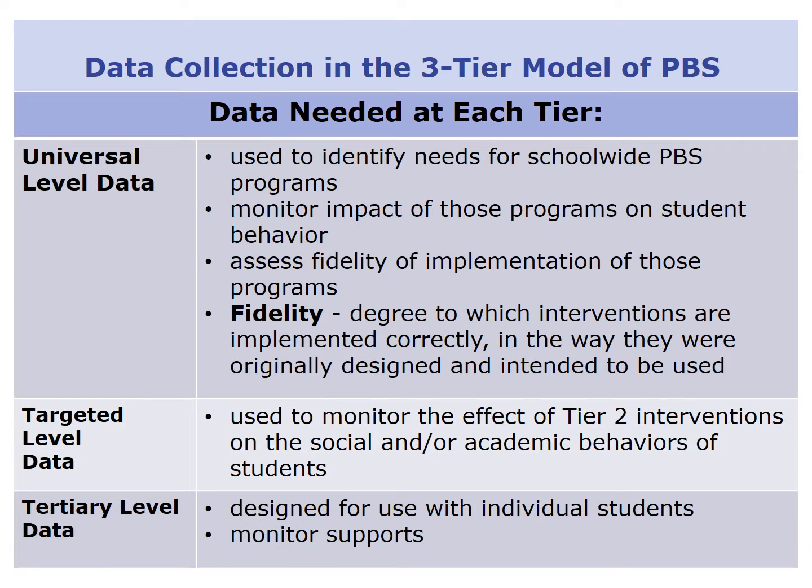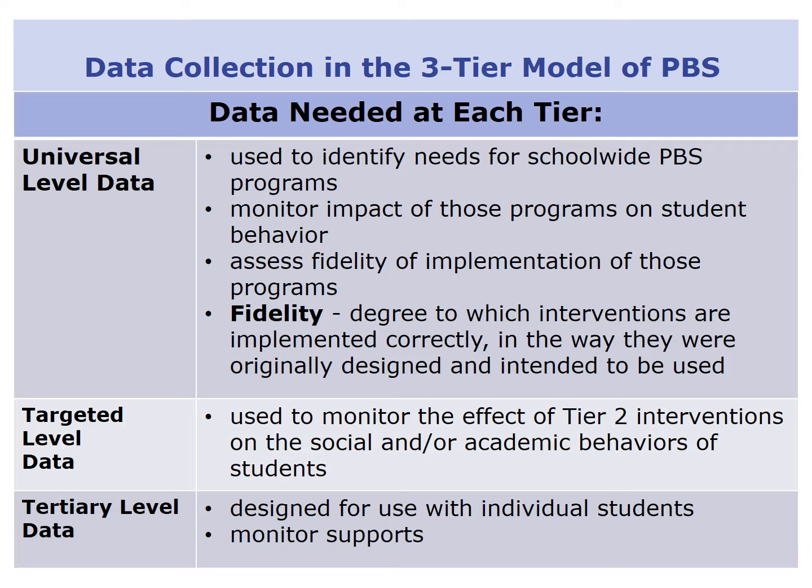Data collection in the 3-tier model of PBS. Universal level data. Used to identify needs for school-wide PBS programs. Monitor impact of those programs on student behavior. Assess fidelity of implementation of those programs.